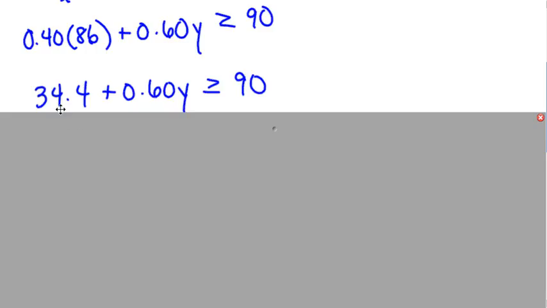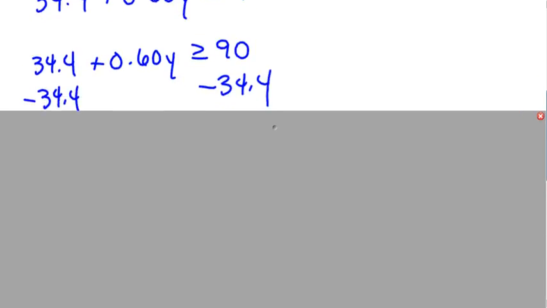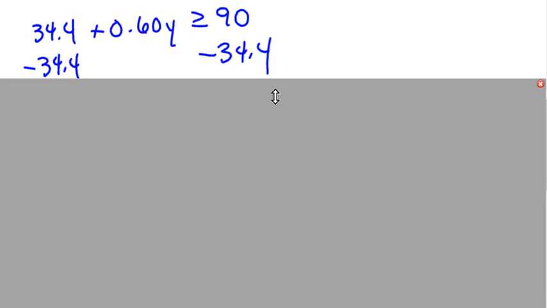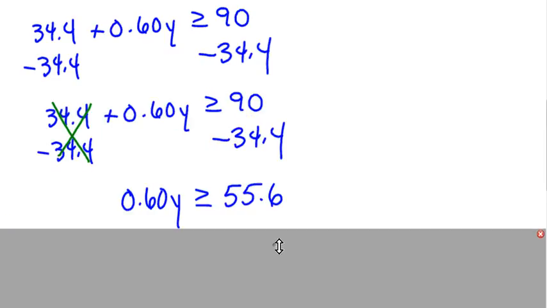Here we'd like to combine our like terms, so we can put our points together. So it's just subtracting 34.4 from each side of the inequality. That will help us figure out what score is needed on the final exam in order to receive the course grade desired.